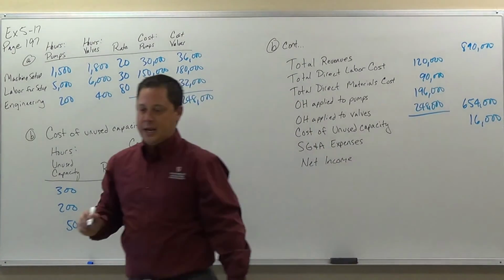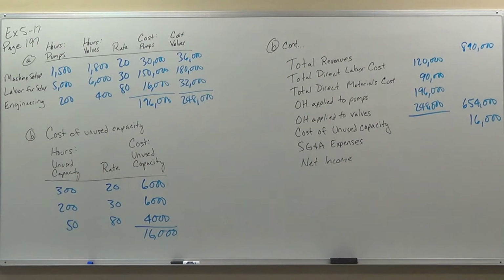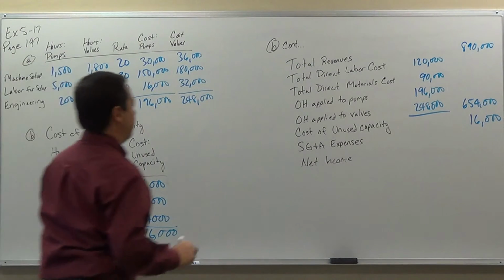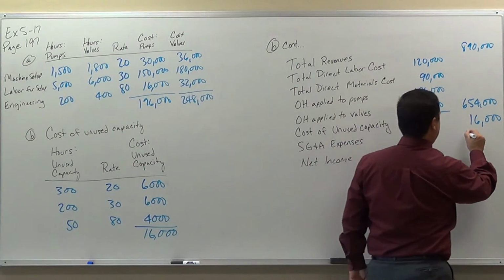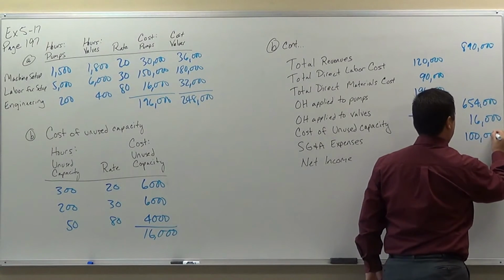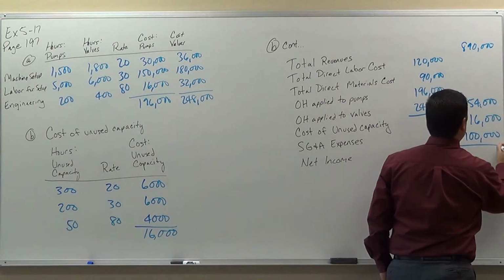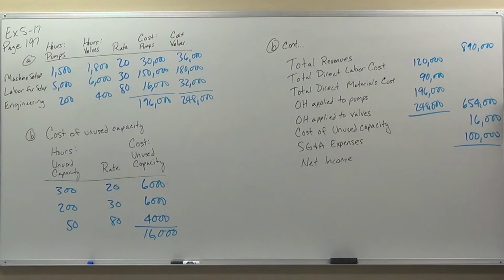And then my SG&A expenses are, again, from the book, it gives me 100,000 there, and that's the last one of the expenses it gives me. So I'm going to take this, minus this, minus this, and minus this. That will give me my net income. So I'm going to take away all these costs and expenses here, and that will give me my net income.